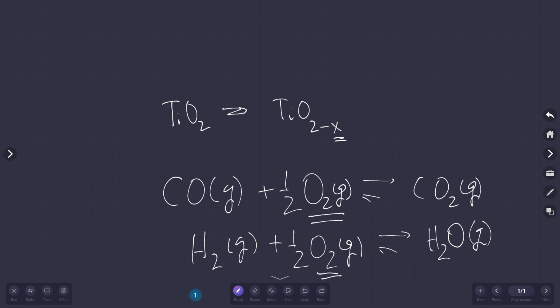Anyway, the problem with the CO/CO2 mixture is this: if you create very low PO2, this mixture will be in a range where carbon will actually start depositing onto your sample.